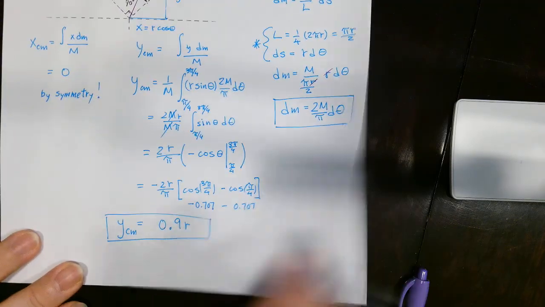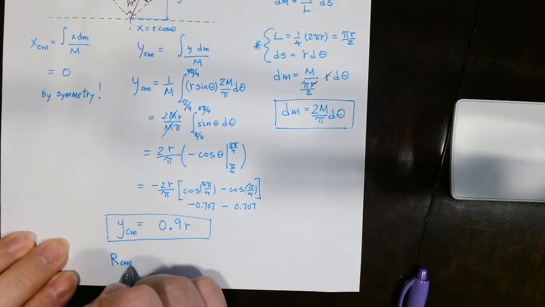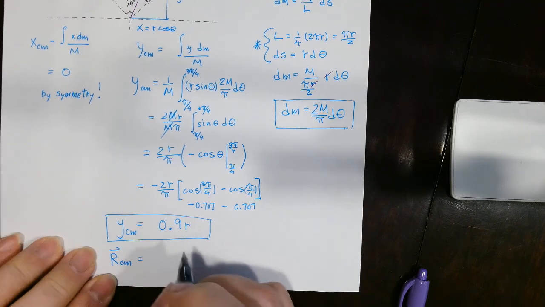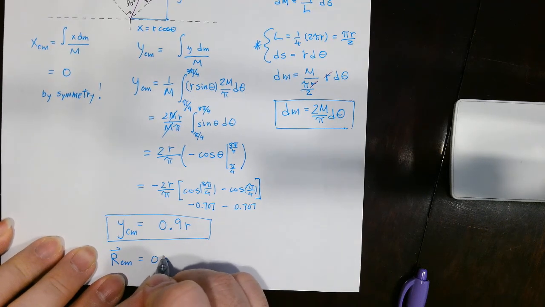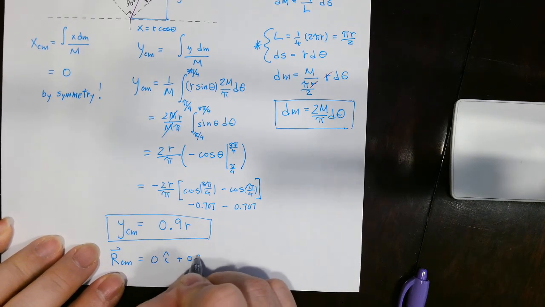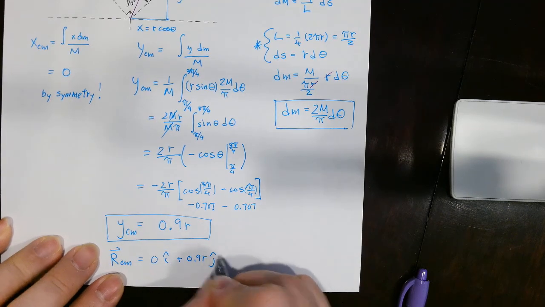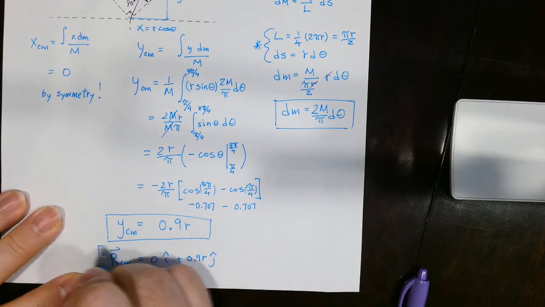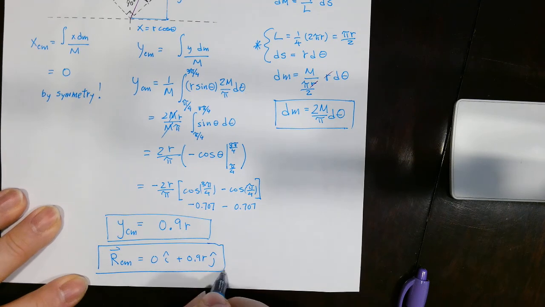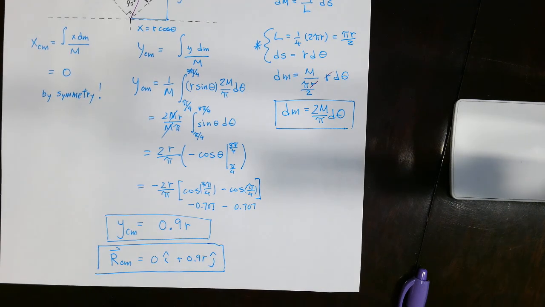So r sub cm is equal to 0 i hat plus 0.9 r j hat, which would be the proper answer.